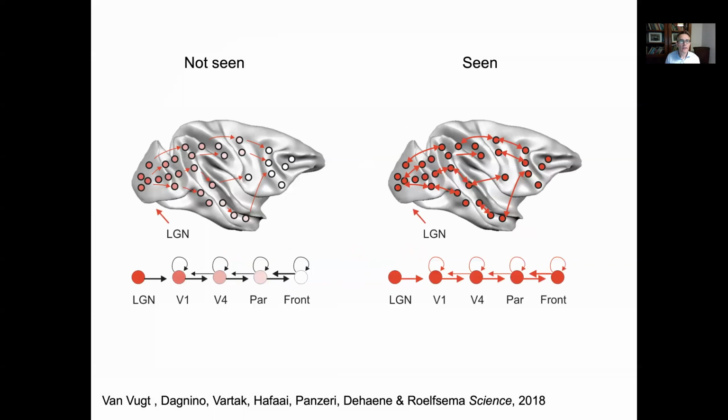Now, if you present a weak stimulus, the idea is that on some trials, it's so weak, it is not strongly enough propagated to the higher areas to give rise to ignition, and that would be a miss. And on another trial, it is propagated strongly enough, and then it reaches the threshold for ignition so that it can be stored in a persistent manner and can be reported at a later point in time.